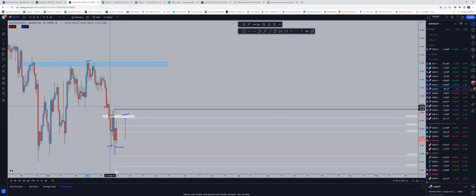We have this high, we have this low, and then we have this high, lower low, lower high, lower low. This is just if I delete the same low, so we expect the same highs here. So the natural W for AUDJPY that I expect. So this is my potential trading week.